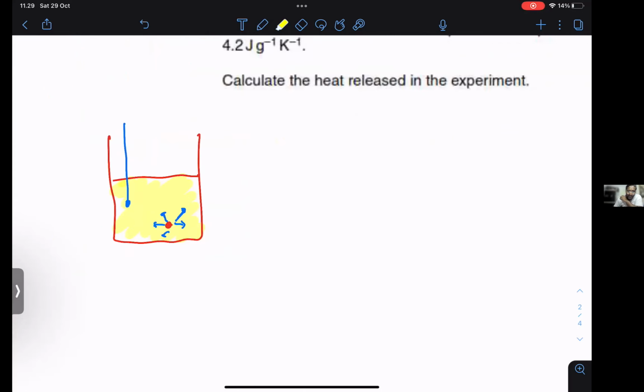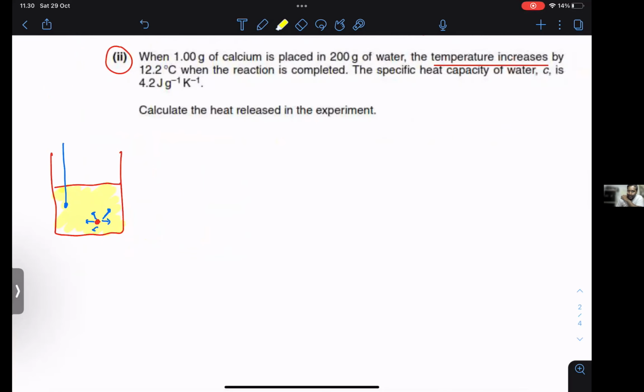Now, when we use the formula, we will use the mass of water, not the mass of calcium. Why? Because we are assuming whatever energy is given went from the calcium to the water. In the formula we use the water, because the temperature change is for the water.